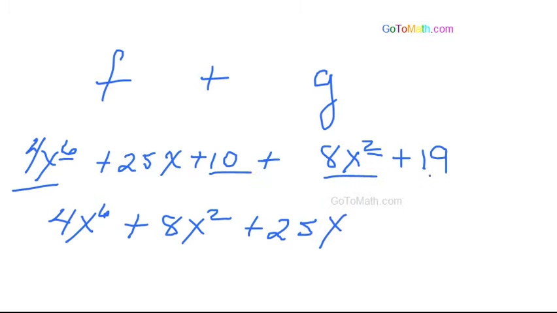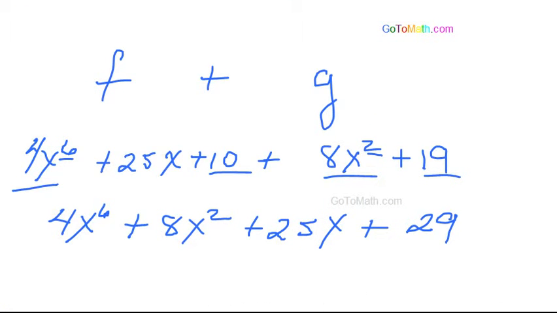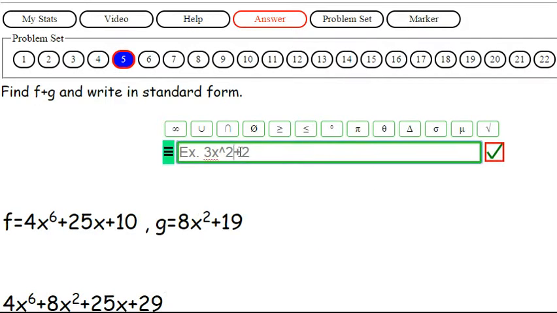And here's some like terms right here, 10 and 19, and that's plus 29. Okay, so we got 4x to the 6th plus 8x squared plus 25x plus 29. Okay, looks good.